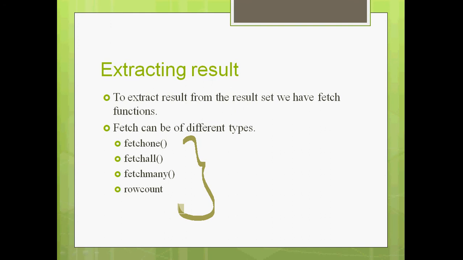You can extract row by row, because a set of records will be there, one or more records, or there can be a None record also, when a query executes and there is nothing to select.